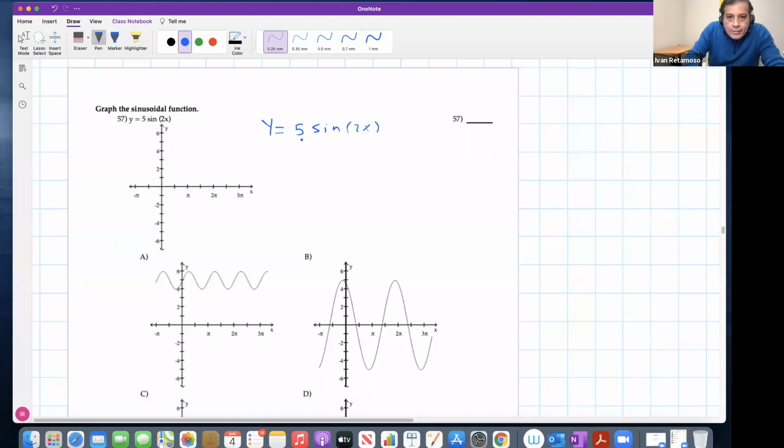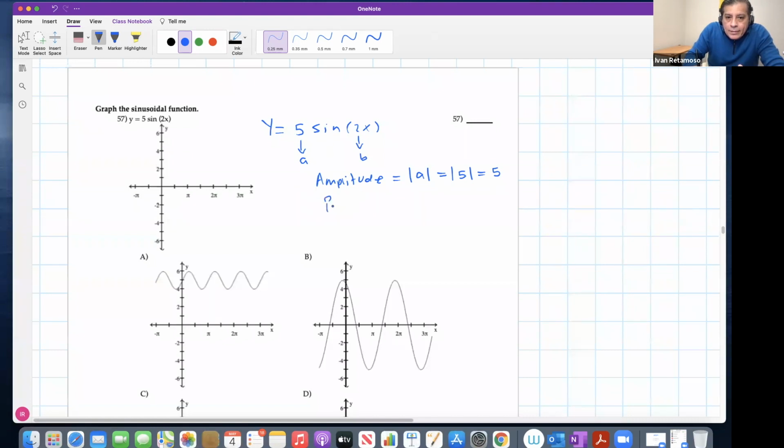This we call A, and this we call B, and we have this formula. Amplitude is always equal to the absolute value of A, which here is the absolute value of 5. So the amplitude is 5. 5 units up, 5 units down are the boundaries for this sine graph.